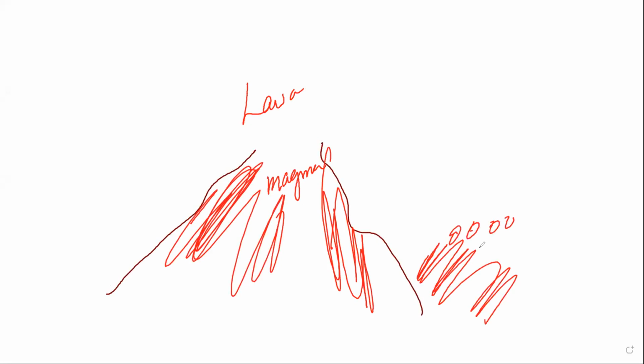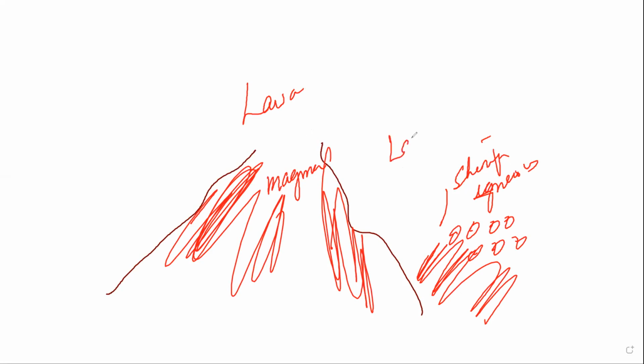This is called magma. It comes out as lava. It goes and cools and becomes small rocks which are shiny. So the hot magma that cools becomes shiny igneous rock.